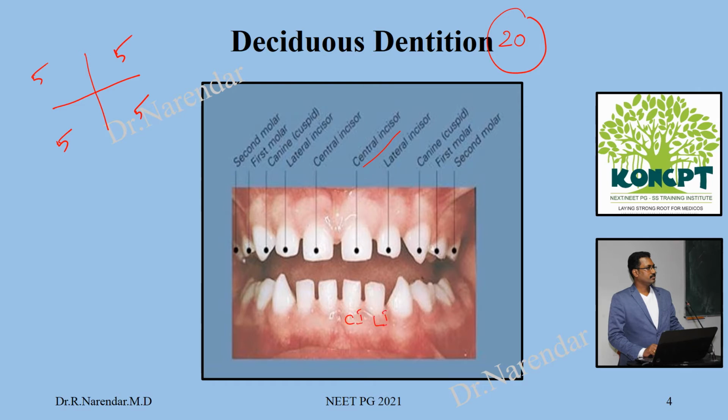Next one is lateral incisor, then the canine, then the first molar, then the second molar. The most important thing is there are no premolars in deciduous dentition.